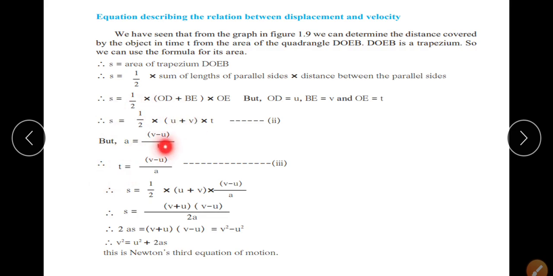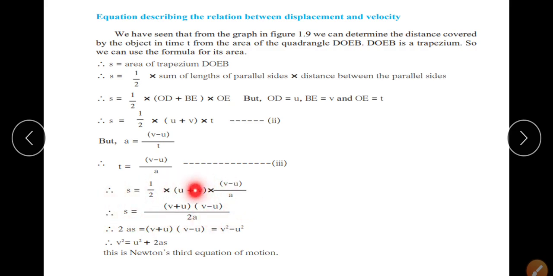When we rearrange this, we get T is equal to (V minus U) by A, and S is equal to half into (U plus V) into, instead of T, this value from equation 3. Once you put this, you get (V plus U)(V minus U). That is like (a plus b)(a minus b) equals a square minus b square, a formula we know from mathematics.